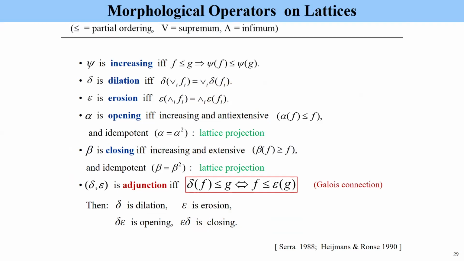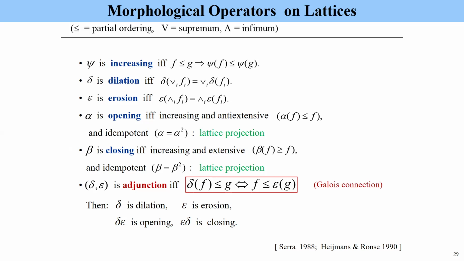One of the advantages of working with lattices is the classic concept developed by Serra and Matheron, and later by Heijmans and Ronse in mathematical morphology, of these four types of operators. The dilation operator is anything that distributes over supremum, max. Erosion is any operator distributing over infimum. The opening is any operator that is increasing, anti-extensive, and idempotent, whereas closing is increasing, extensive, and idempotent.